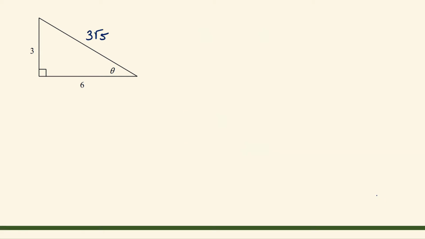Now that we have the fact that our hypotenuse length is 3 root 5, we can now find the 6 trigonometric values of our angle theta. Let's begin with the sine of angle theta. We know that sine theta will equal the opposite side over hypotenuse.